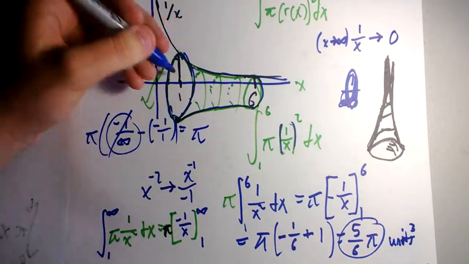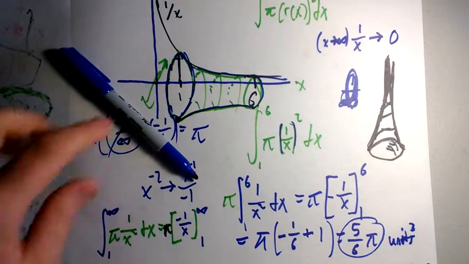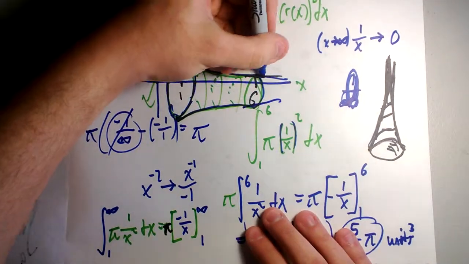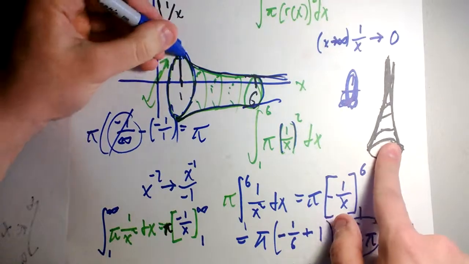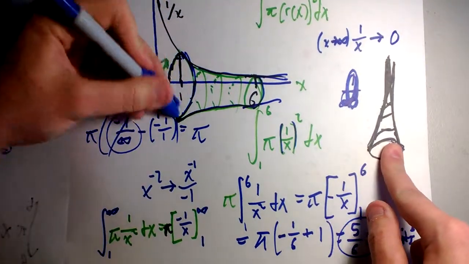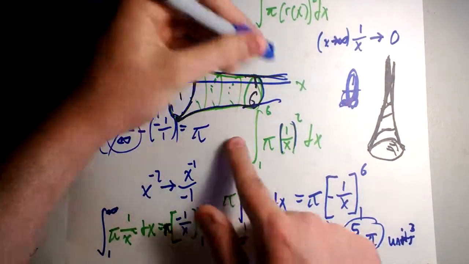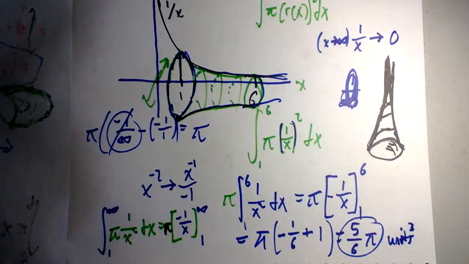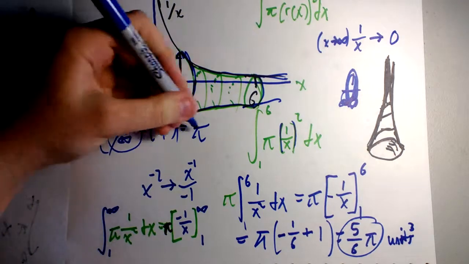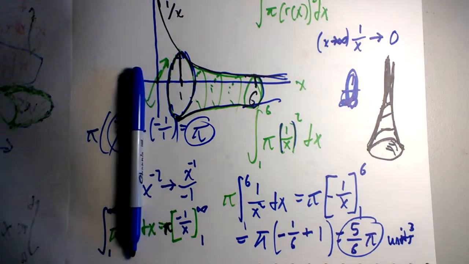The volume of this curve, man, this is actually bizarre. I wasn't guessing I would do this when I started this video. The complete volume of this curve, 1 divided by x, rotated around from 1 to infinity, is pi. I think that's crazy cool.